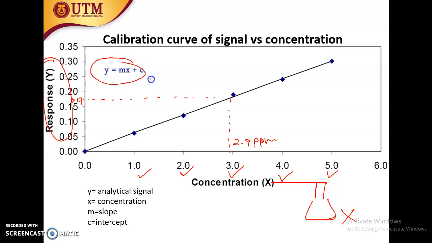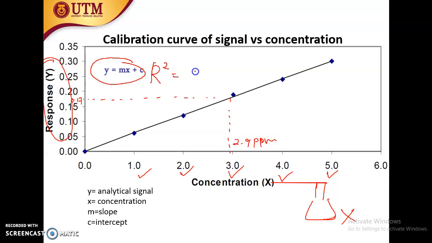Okay, and then from this Y = mx + c you can also set the regression coefficient. It means how well this line fits, meaning a good chemical analysis.